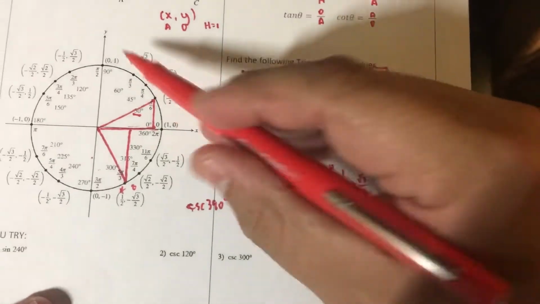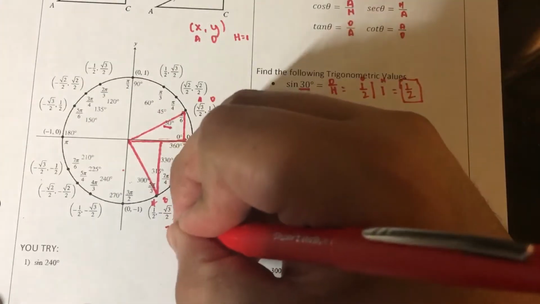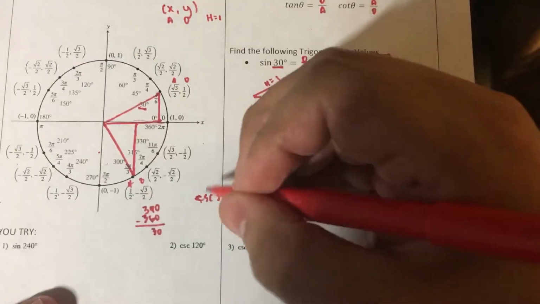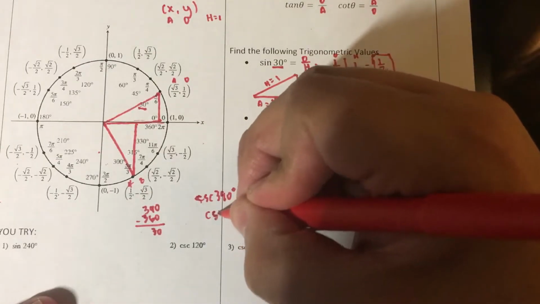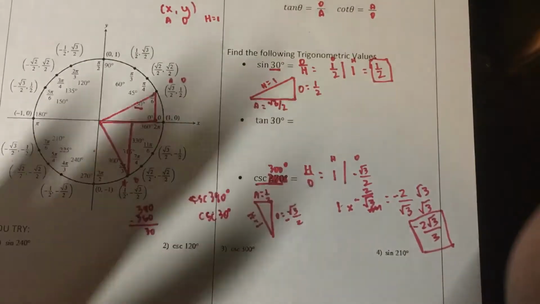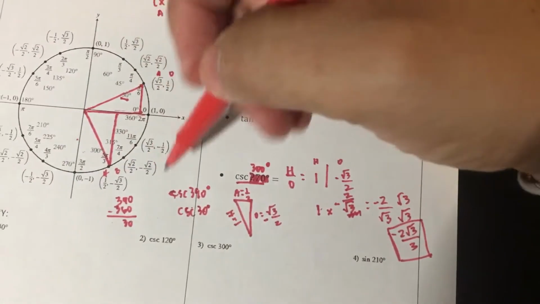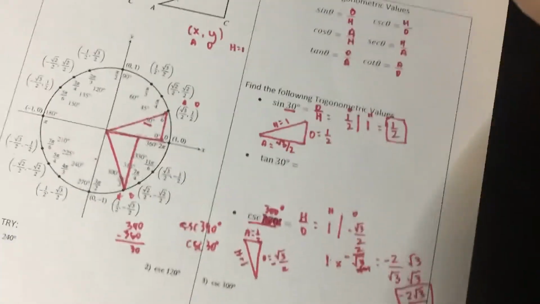Well, then 390 is not on here, but what I would do is take away 360, left with 30. So what it's really asking for is the cosecant of 30 degrees, and I would just go ahead and do this process like I've done in here. Okay, so that's what I would do for that. Or if I had a negative number, I would add 360 until I find a number that's on this circle.